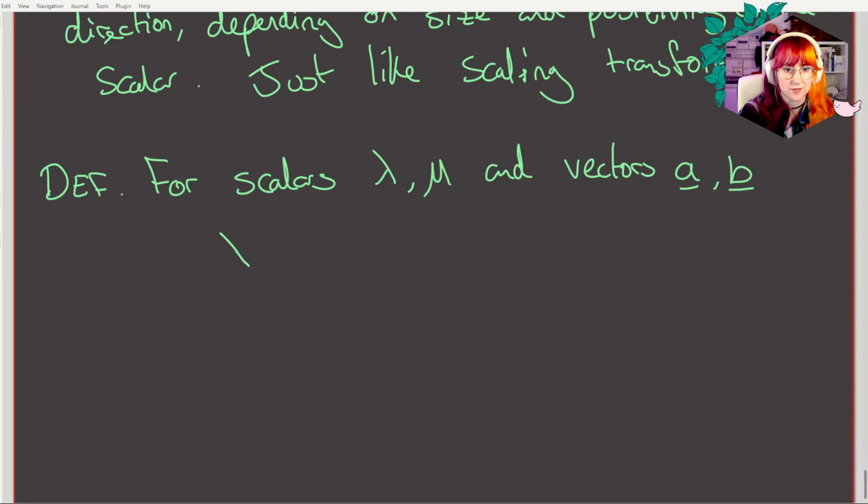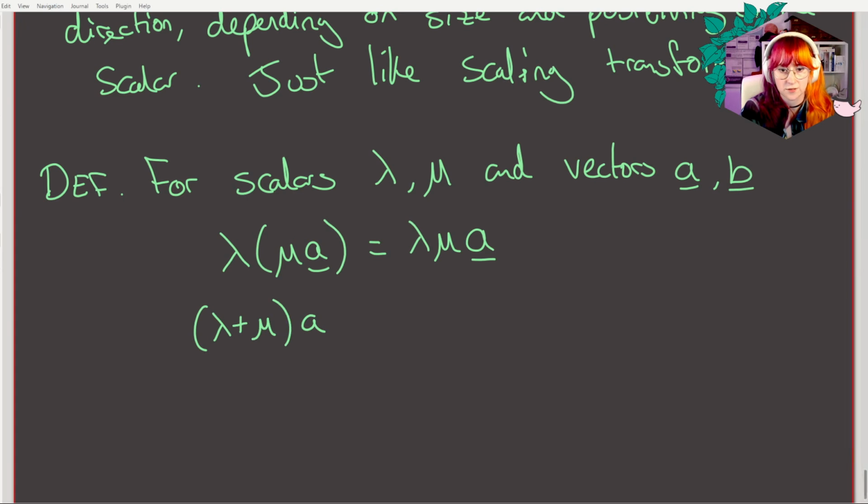We have the definitions. Lambda times mu A is the same as lambda mu A. Lambda plus mu A is the same as lambda A plus mu A. So this is where BODMAS starts coming back into things.